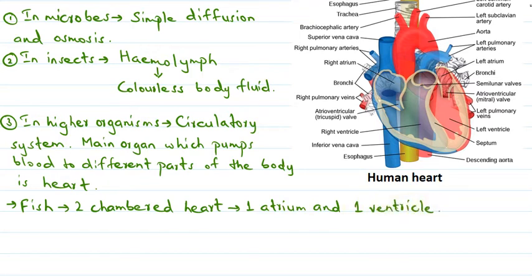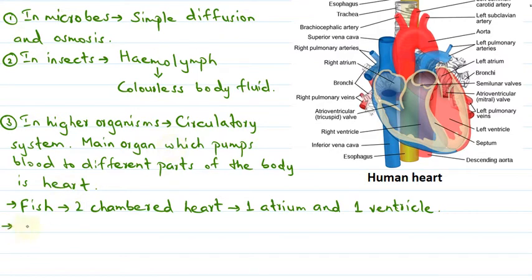So fishes have two-chambered heart, and it consists of one atrium and one ventricle. As we saw, heart is the main organ that helps in pumping of the blood. So blood carries all the substances to different parts of the body and is a part of the circulatory system.